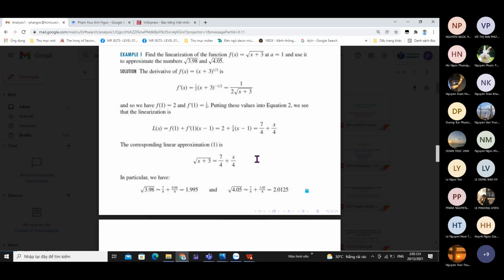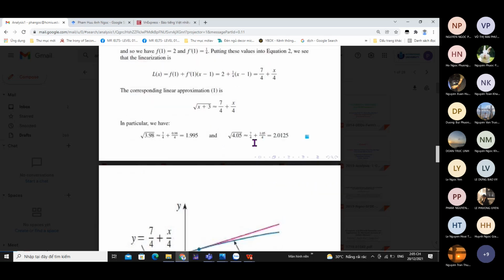All right, so for example, the first approximation, square root of 3.98, is just 1.995. How do we get this approximation? Here, square root of 3.98, you can rewrite like this now.